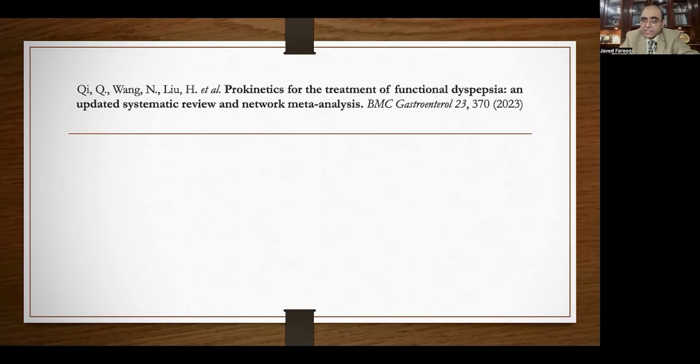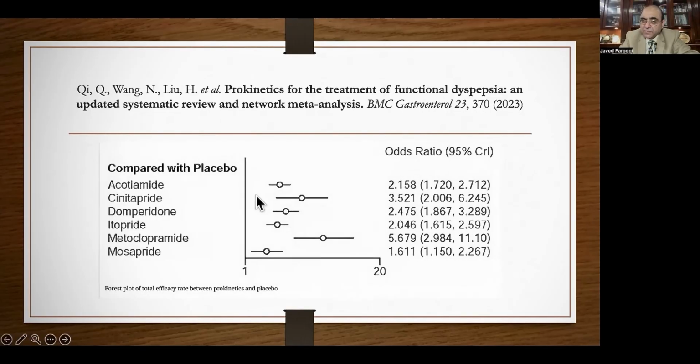And now there is a meta-analysis, and the systematic review does show that the total efficacy rate is better with prokinetics as compared to placebo, and Acotiamide, Itopride, domperidone, metoclopramide, and mosapride have all been found to be effective.